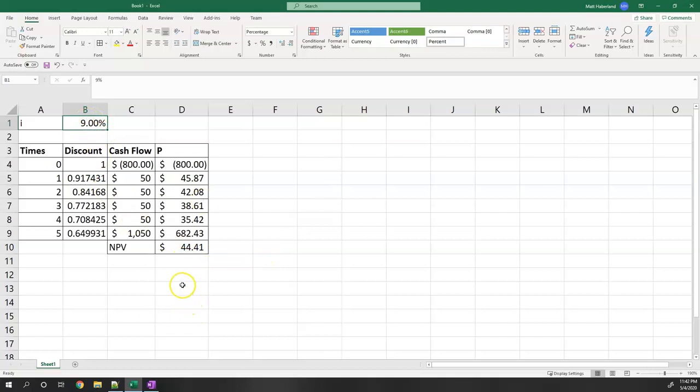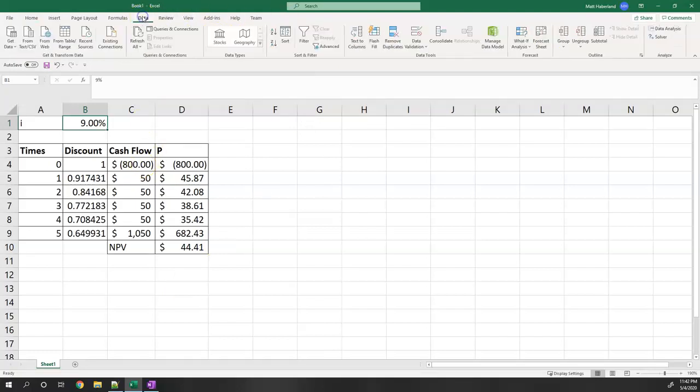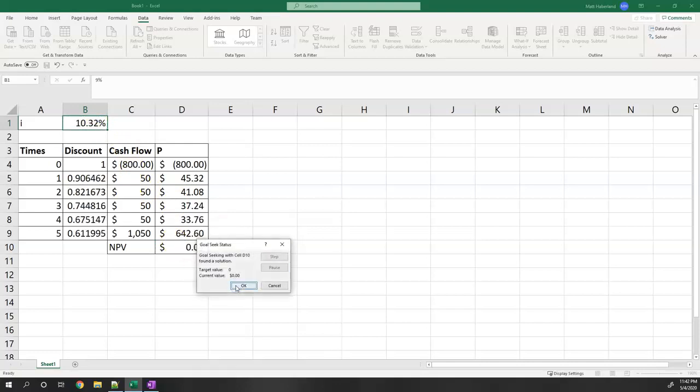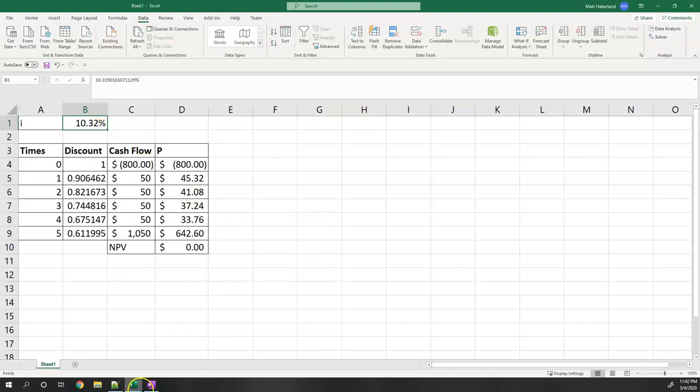In other words, what interest rate is the bond equivalent to. So to do that, we go to Data, What If Analysis, Goal Seek. We'll set the cell, the net present value, to value 0 by changing this cell here. And Goal Seek found it. 10.32% is the yield of the bond.